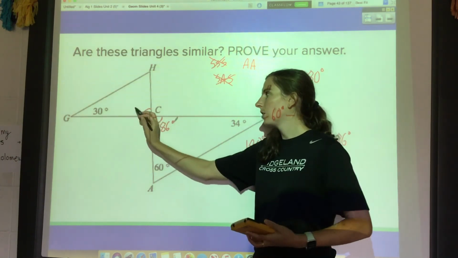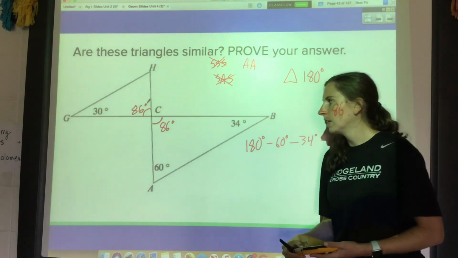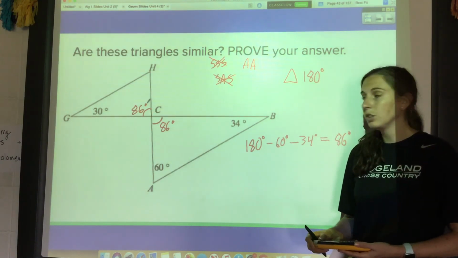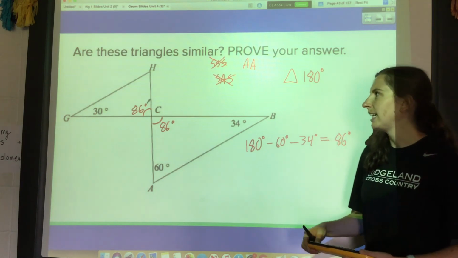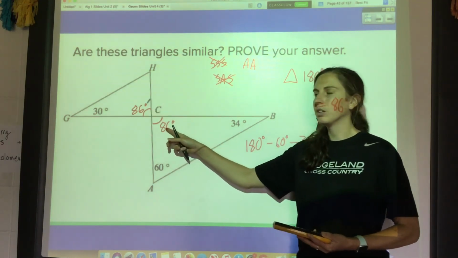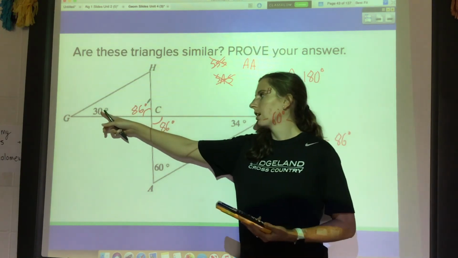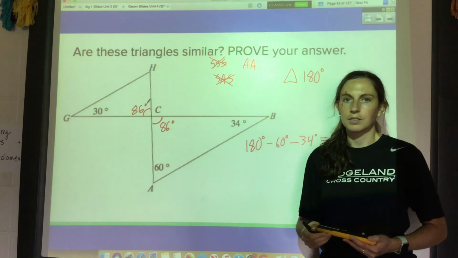Meaning this one is also 86 degrees. I could do this process again, but I don't really need to. Basically, I have one pair of congruent angles, but if this is a 30 and neither of these are a 30, then I'm kind of out of luck.